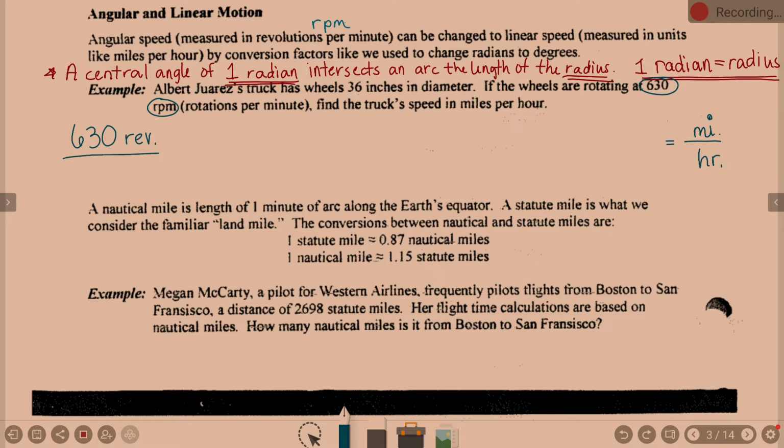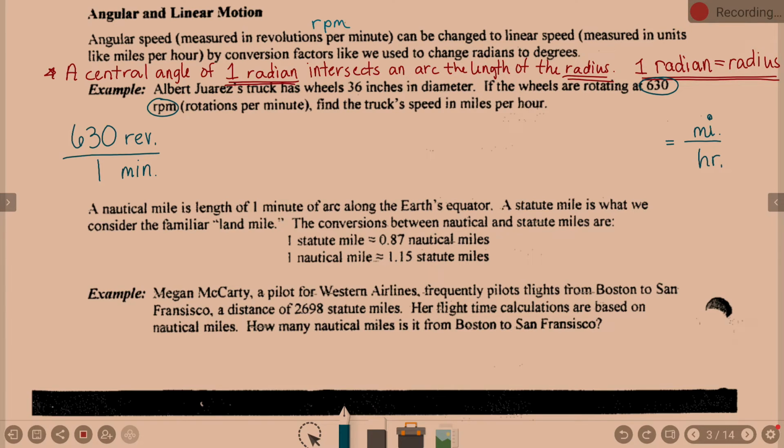I'm going to set it up as 630 revolutions per minute. It also said Albert's truck had wheels 36 inches in diameter.